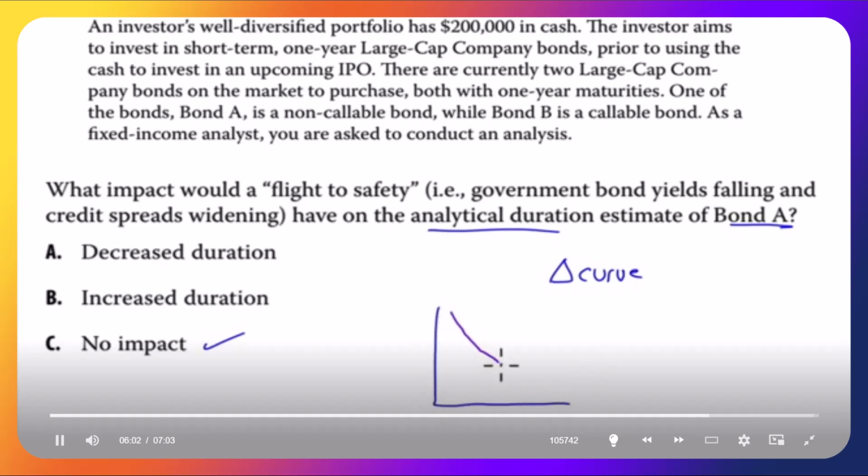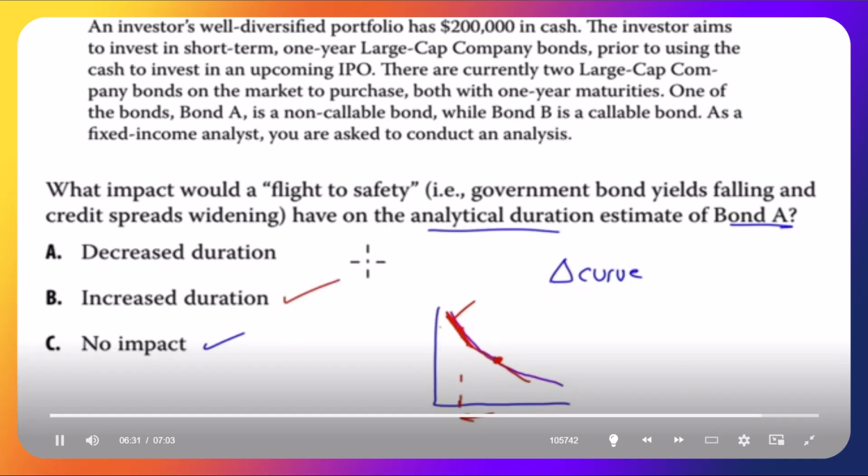Let's draw out the relationship, and let's do a tangent line at this point in time, and let's drop rates considerably so that the rates drop to here, price increases to here, and draw your tangent line. Steeper tangent line, that means the bond's duration has increased, it has become more sensitive. So what impact would it have on the analytical duration?